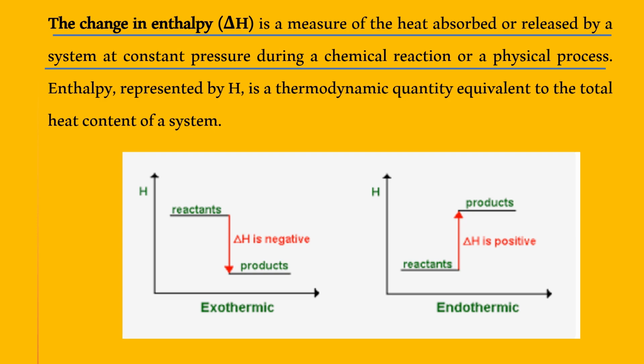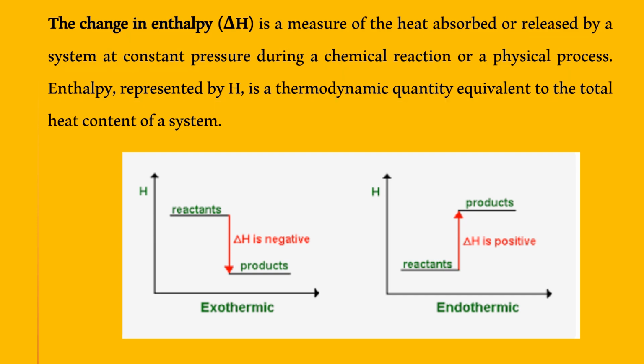The word enthalpy, represented by H, is a thermodynamic quantity equivalent to the total heat content of a system. For a reaction that releases energy, we call it exothermic reaction, and the delta H is negative. While the reaction that absorbs energy, we call it endothermic, and the delta H is positive.